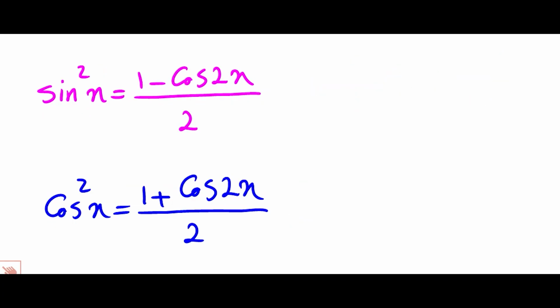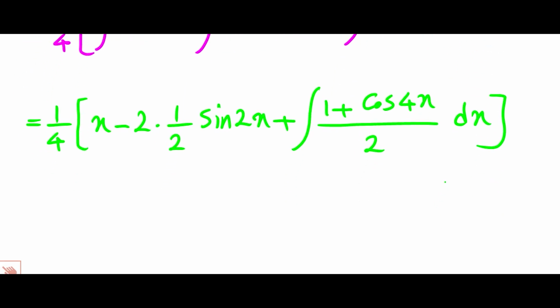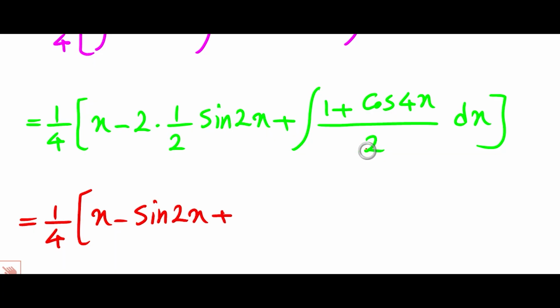Look at this formula. Cosine squared x equals (1 plus cosine 2x) over 2. So cosine squared of 2x equals (1 plus cosine of 4x) over 2. So we have cosine squared of 2x equals (1 plus cosine of 4x) over 2 dx, right? So we have 1/4 times x plus 2 times 1/2, which equals 1, so we have sine 2x, plus 1/2, which is a constant.